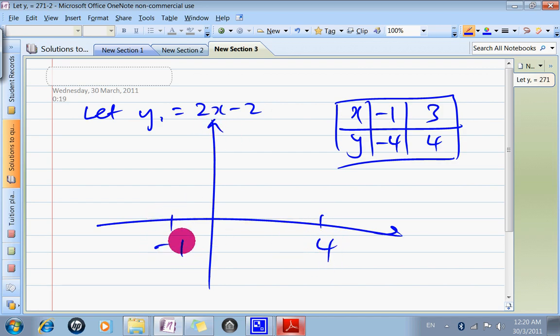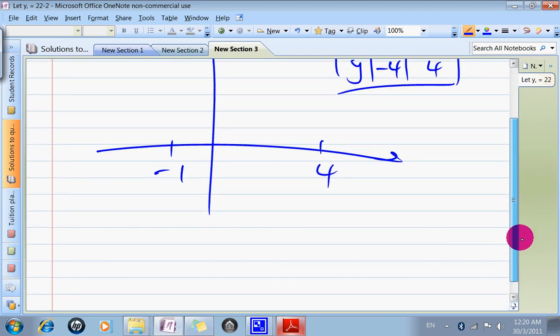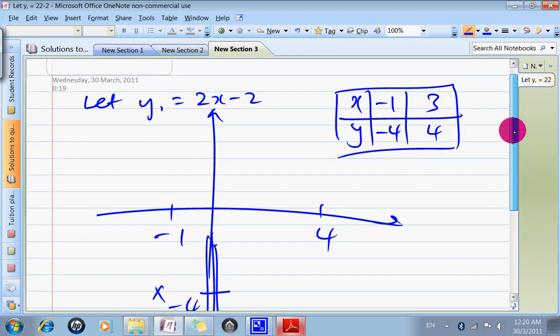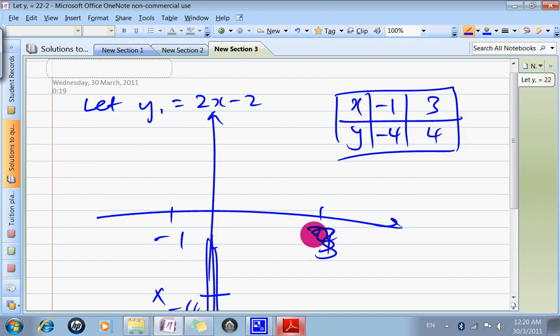So my x value when it's negative 1, the y value is negative 4. And when x is 3, the y value is 4.